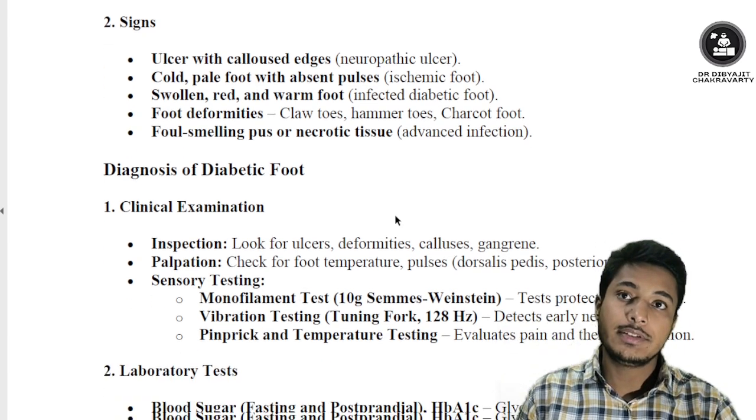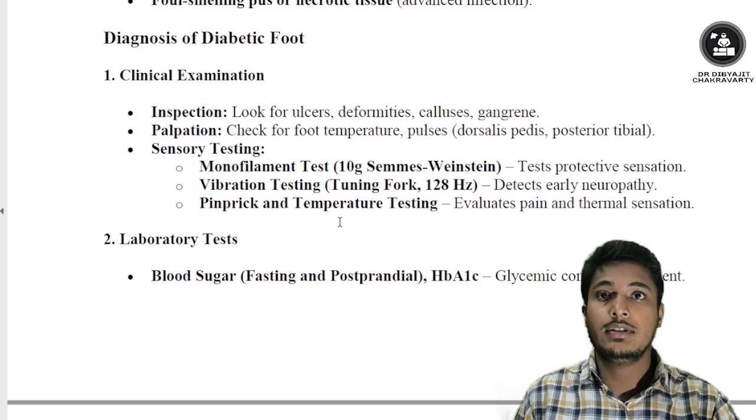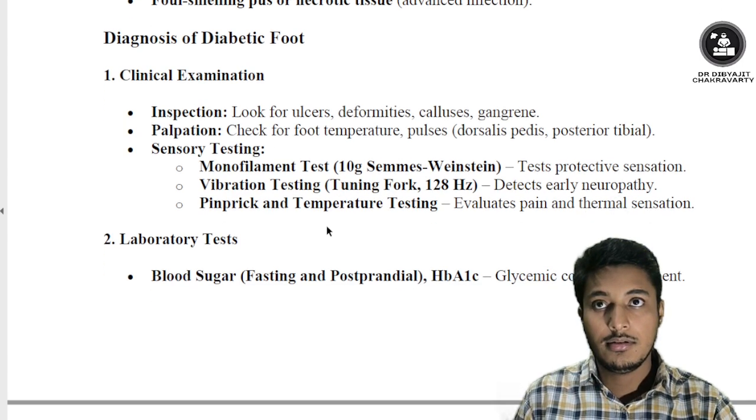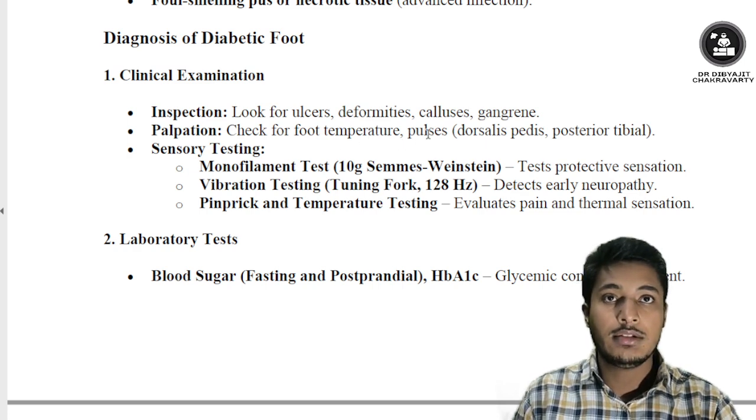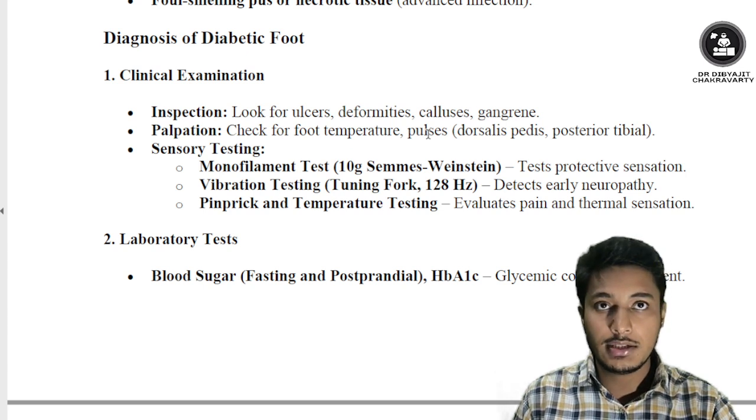How will you diagnose this case? So first comes the role of clinical examination. First being inspection. We have to look at the ulcers, deformities, calluses and gangrene. Then we should proceed for the palpation. That is, check for the temperature, tenderness, pulses, indurations, and furthermore, which we will be discussing at a later part.